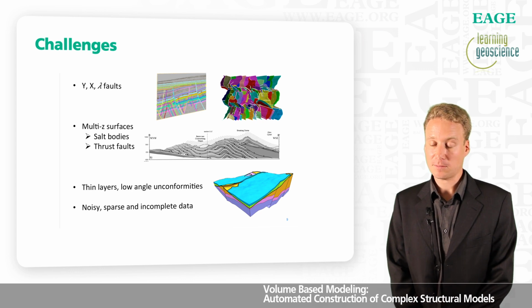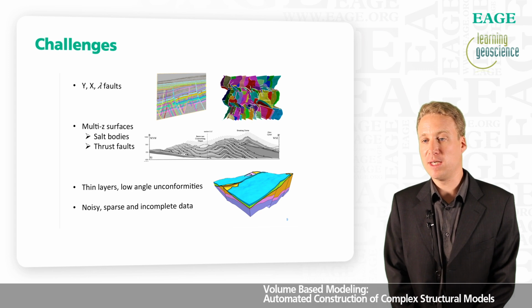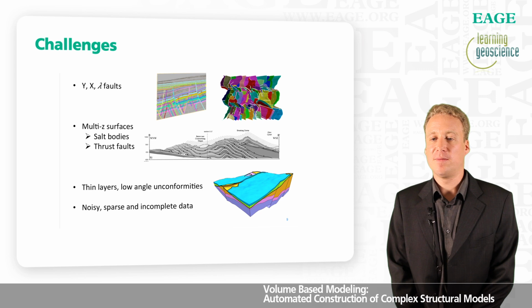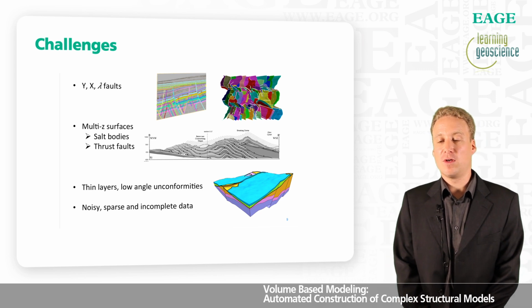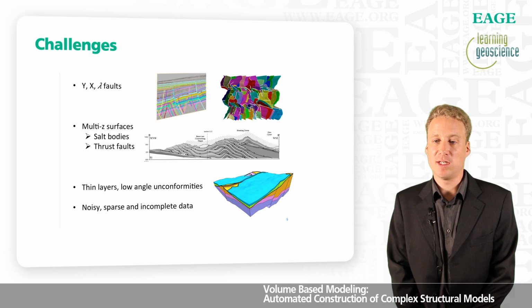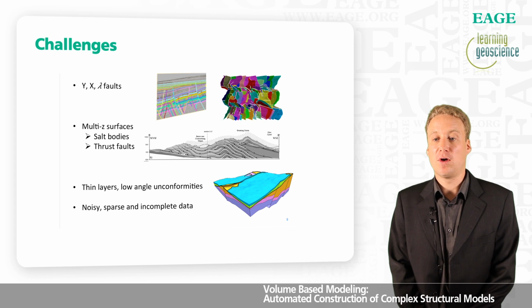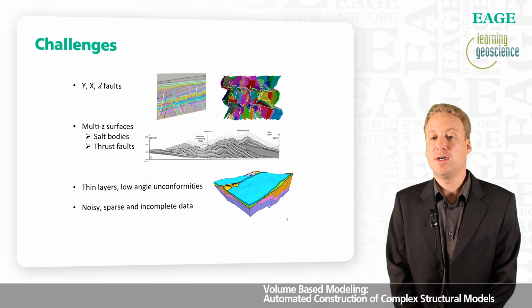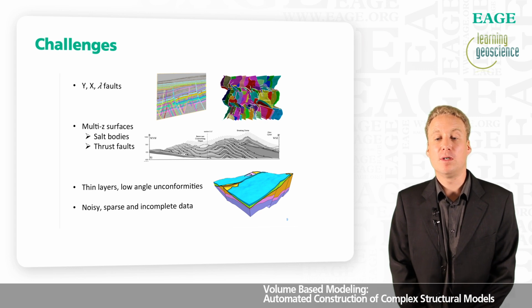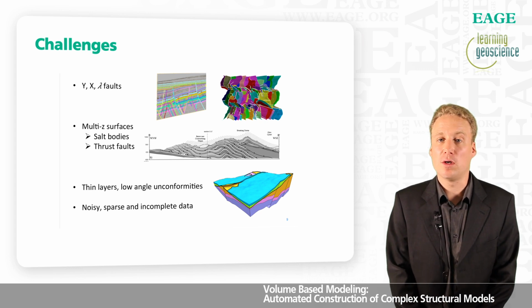And that's a problem for both surface and volume-based techniques, as I presented in the previous slide. The second type of structural complexity is the handling of multi-Z surfaces such as salt bodies and thrust faults. And the third type of complexity that I will cite is the handling of thin layers and multiple unconformities or low-angle unconformities.